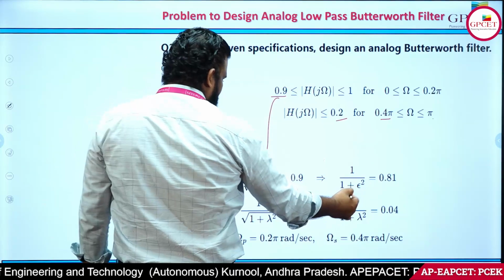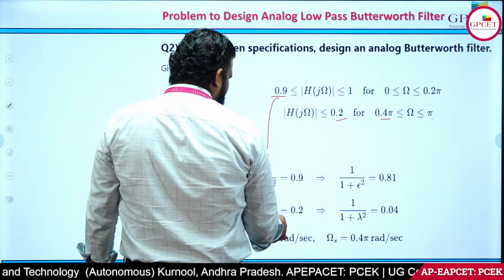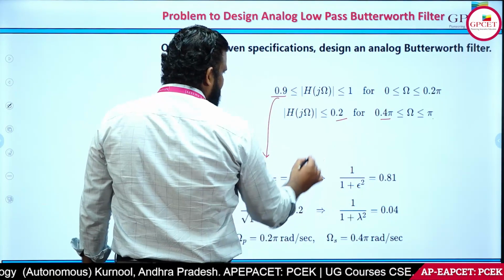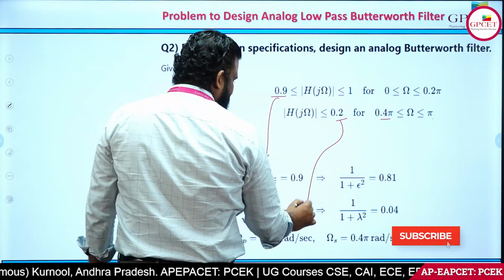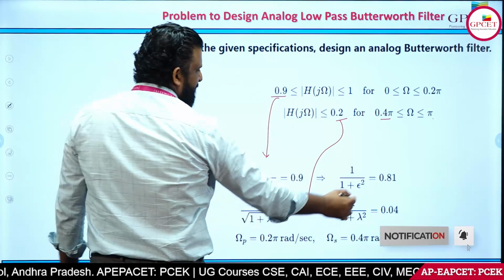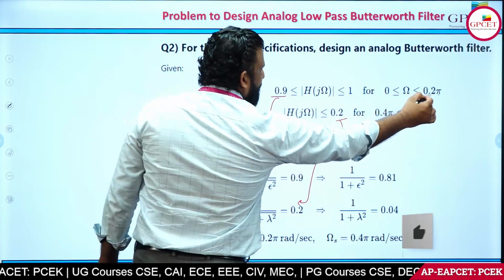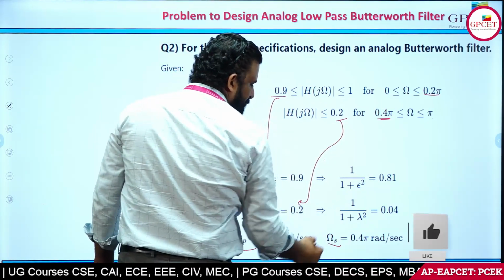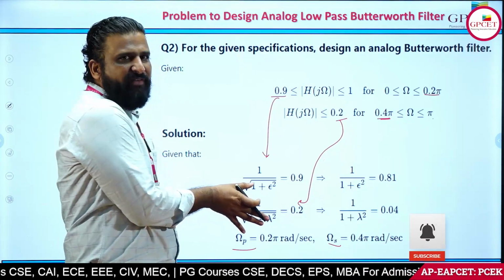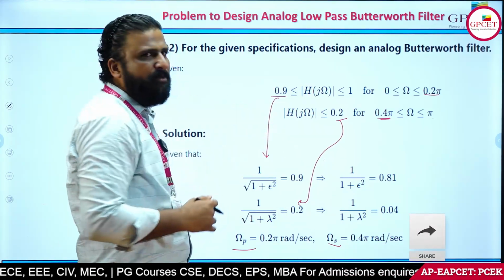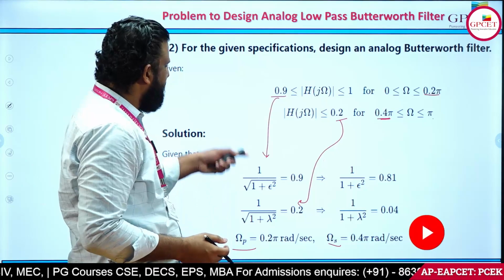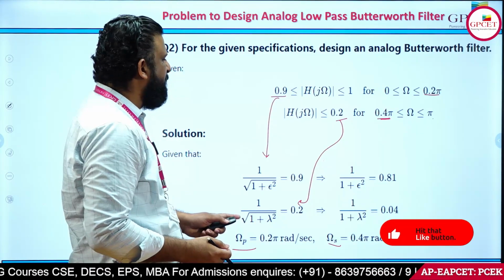After doing that, we got the value 1 by square root of 1 plus lambda square is equal to 0.2. So after finding the value, we get omega p is equal to 0.2 pi, and 0.4 pi is nothing but omega s. The specifications are somewhat different from the first problem. Now, the steps will be the same, but the specifications will be different.